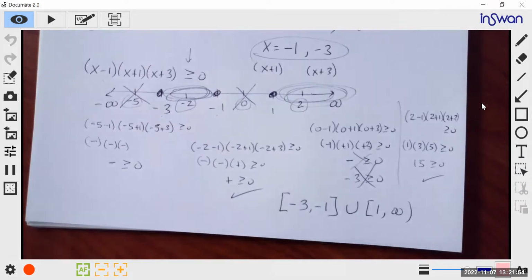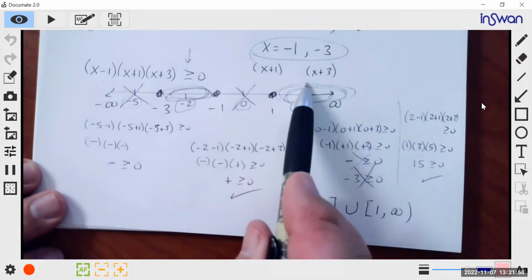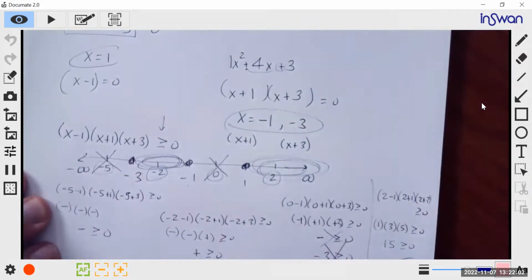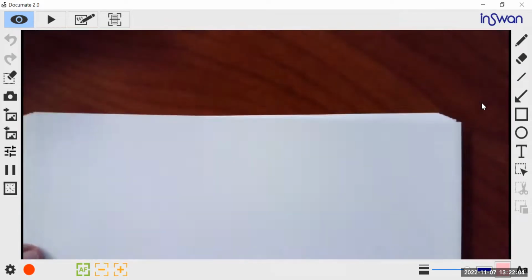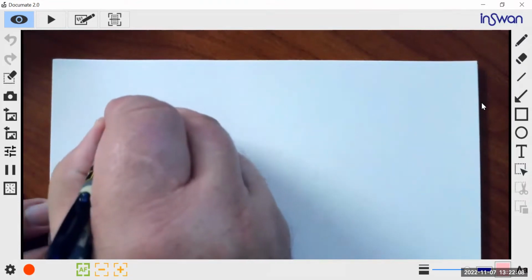Well, let's look at this also. Since we found the x-intercepts, since we found the factors, we know these x-intercepts. What do we notice also about the graph? About the function itself?